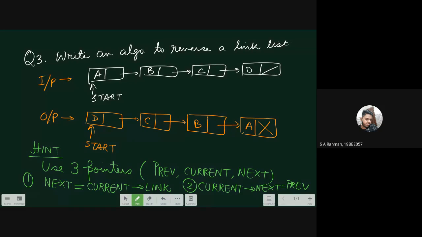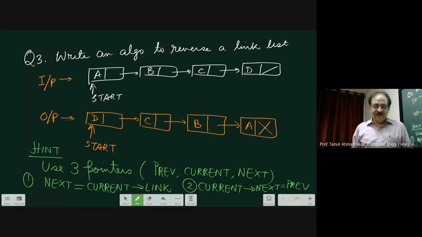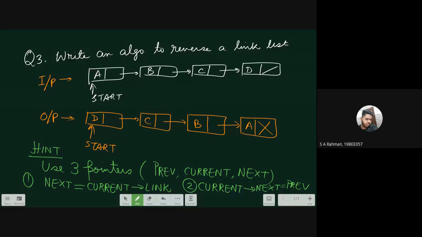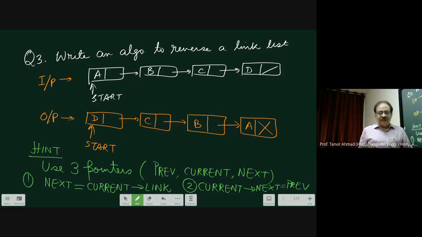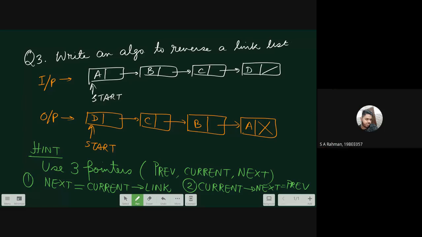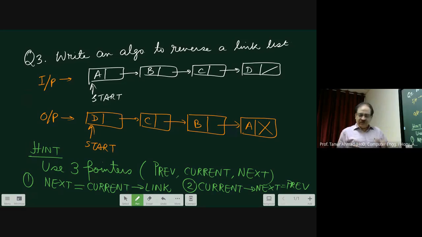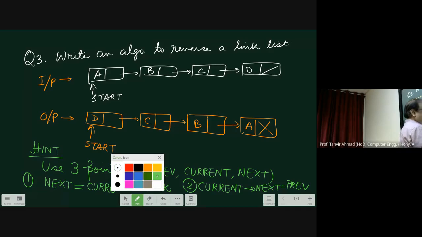Sir, current is initially null, so how is next equals current of link a meaningful statement? Pardon? Sir, I'm asking, current is initially null, so how is next equals current of link a meaningful statement? No, therefore, in that case, while doing that you have to take those values. Initially current will contain the value of start.